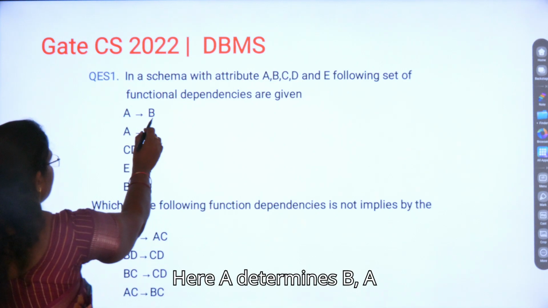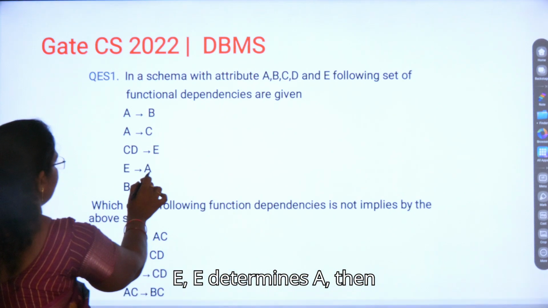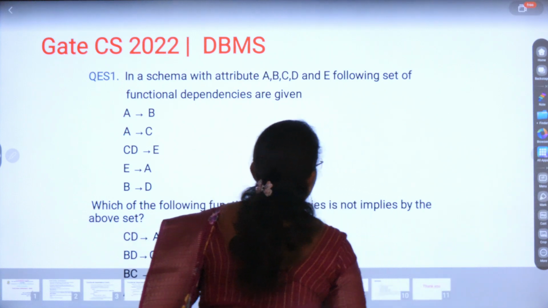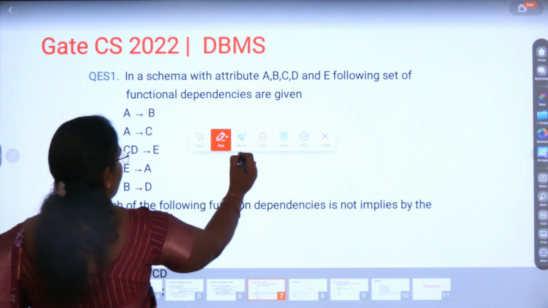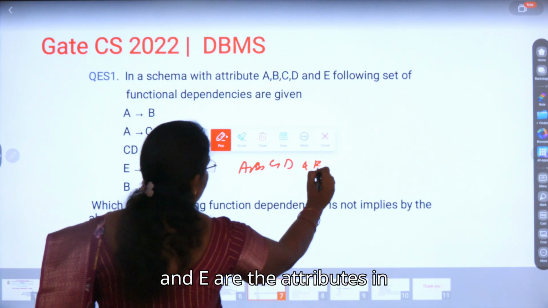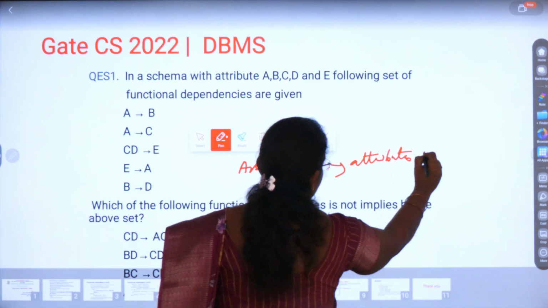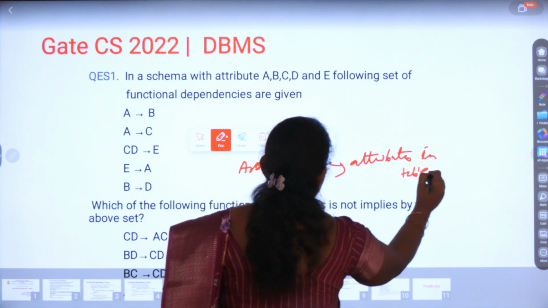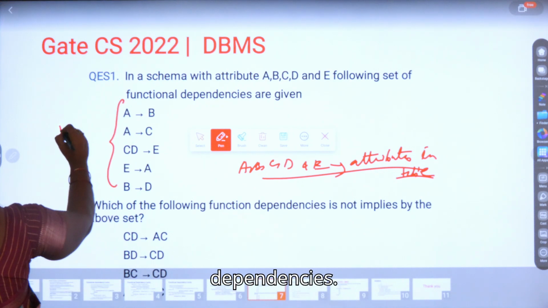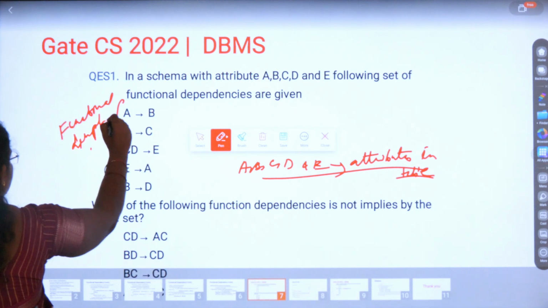A determines B, A determines C, CD determines E, E determines A, then B determines D. In this example, A, B, C, D and E are the attributes in the table. These are all the functional dependencies on the table.